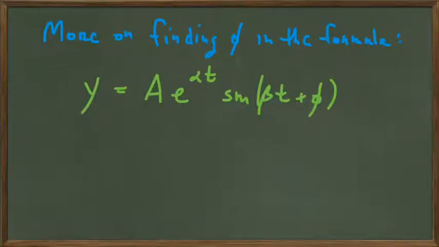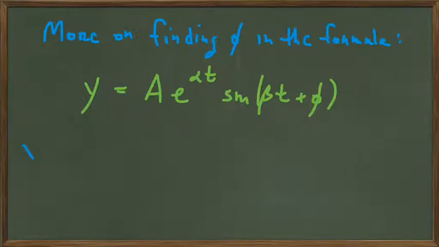In this video, I want to give a little bit more background on how we find the phi in this formula right here and why we need to determine the quadrant in which that angle phi lies.